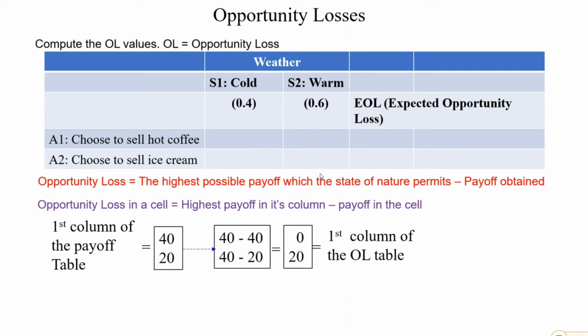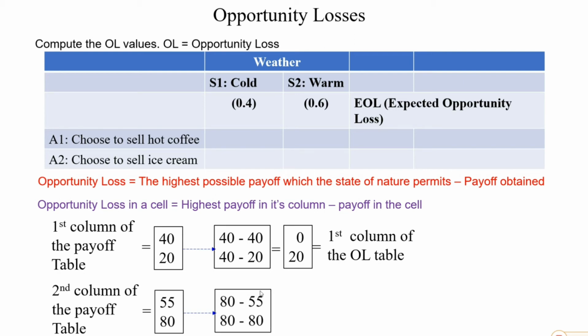Okay, how about the second column? First consider the second column of the payoff table, 55 and 80. So if one obtains only 55, the opportunity loss will be 80 minus 55.